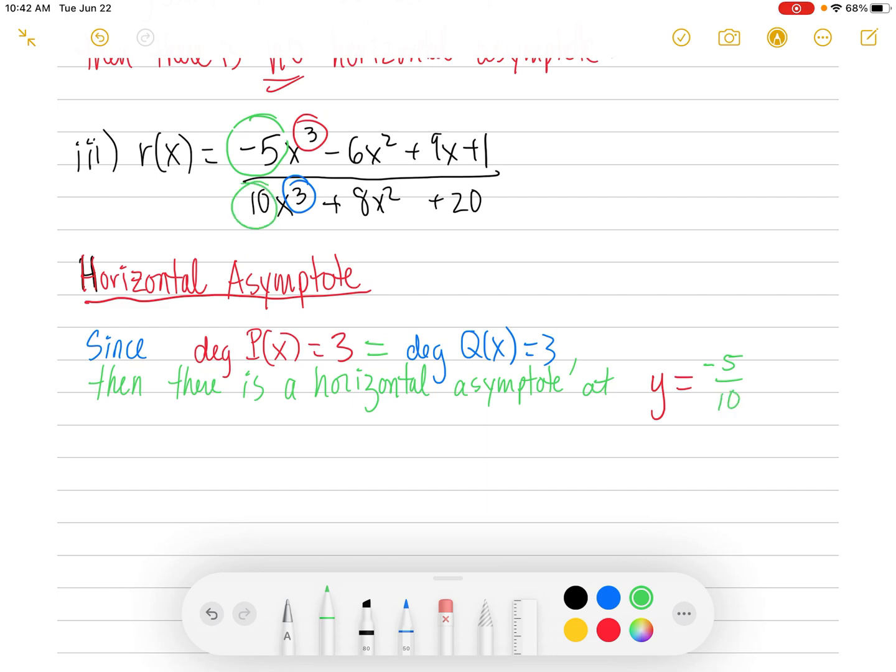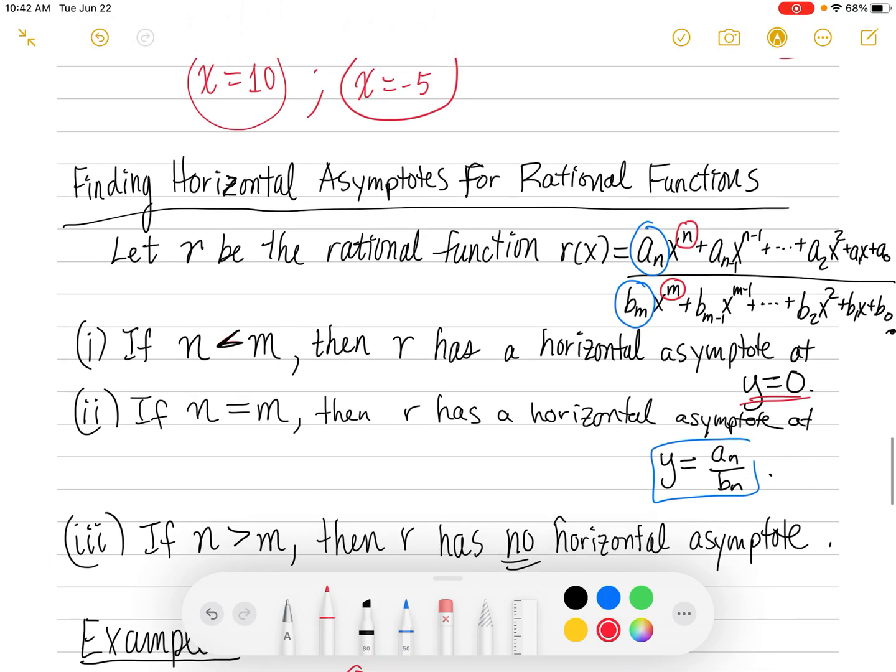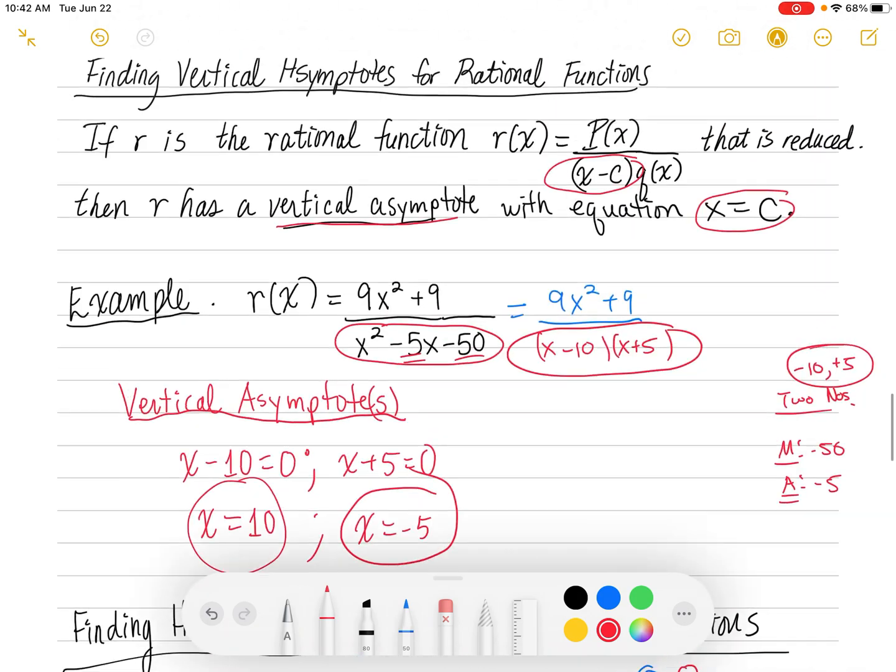So I'm going to take negative 5 over 10. So what does that reduce to? Divide 5 out of the top and 5 out of the bottom, you get negative 1 over 2. So there's a horizontal asymptote at y equals negative 1/2. All right.